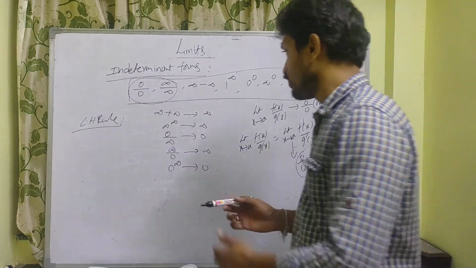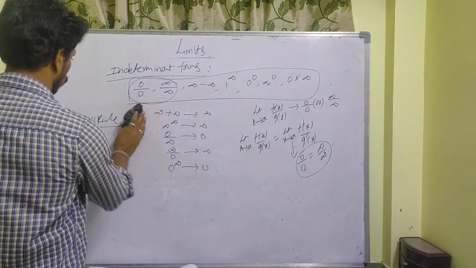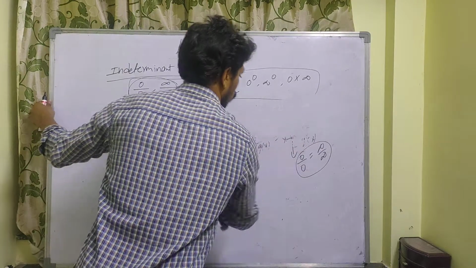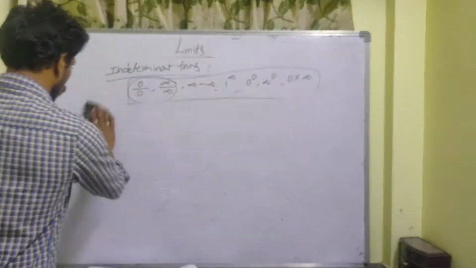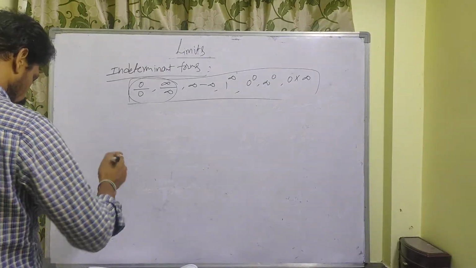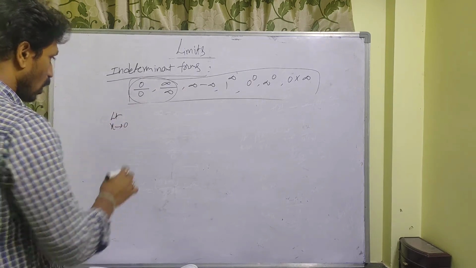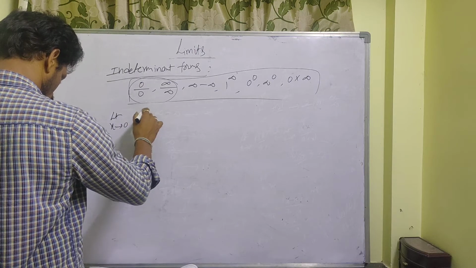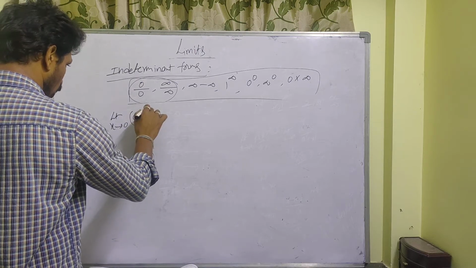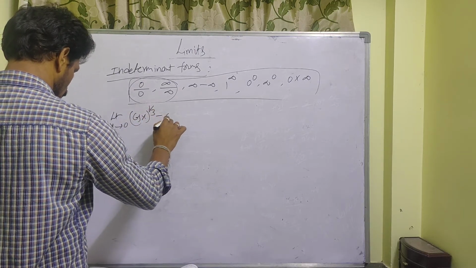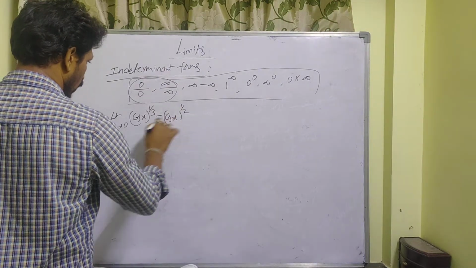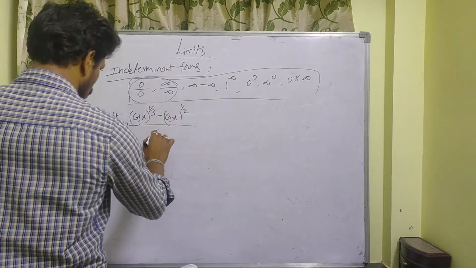So based on this, if you take one example: limit x tends to 0 of (cos x)^(1/3) minus (cos x)^(1/2) by sin square x.